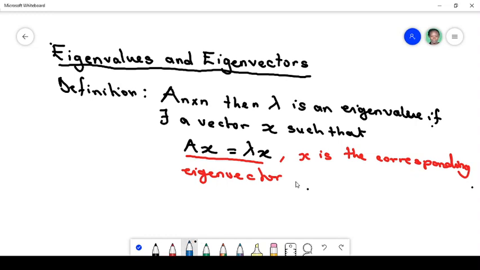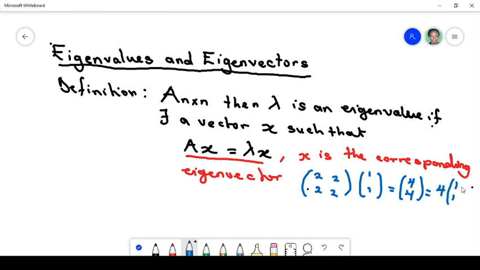Let's look at this example. If I have a matrix 2, 2, 2, 2, that's a 2 by 2 matrix, and this is the vector 1, 1. If you multiply, you realize that you have 4, 4, which is equal to 4 times 1, 1.